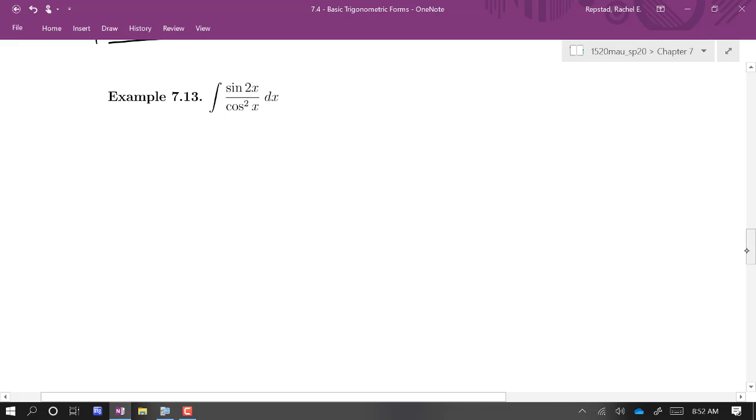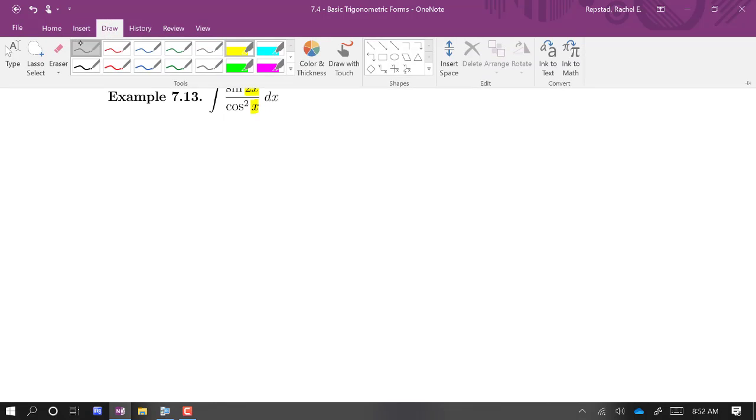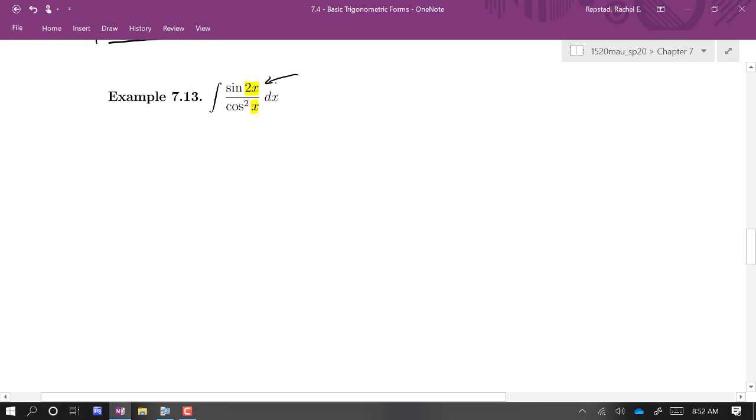Okay, in the next one, we have sine 2x over cosine squared x. So be really careful. The first thing that grabs my eye when I see this is that the arguments are not the same. The arguments don't match, and that's a sign that we might need to use a trig identity to help us rewrite it.